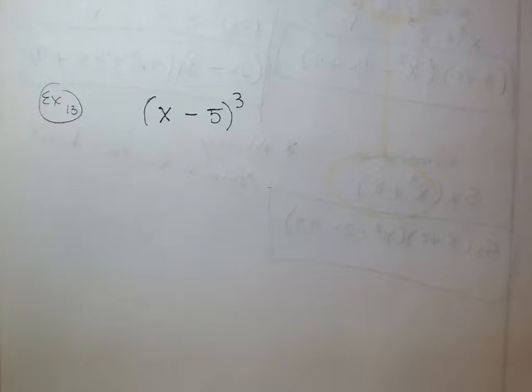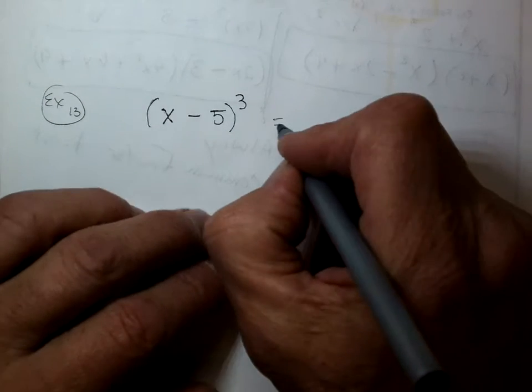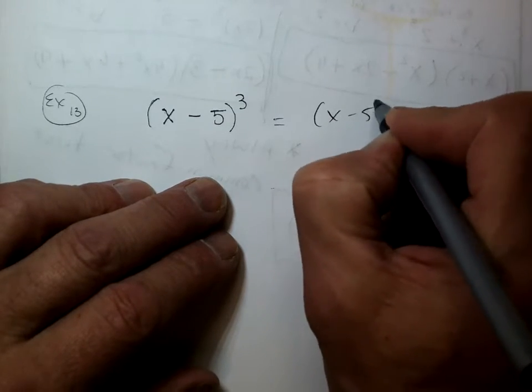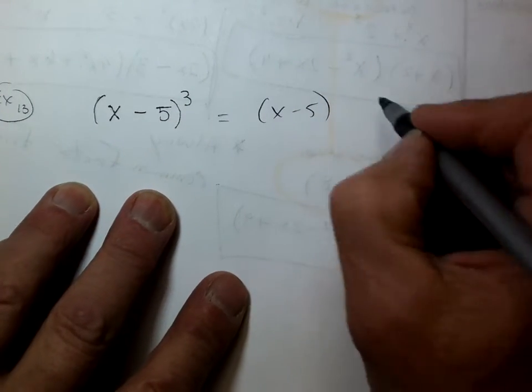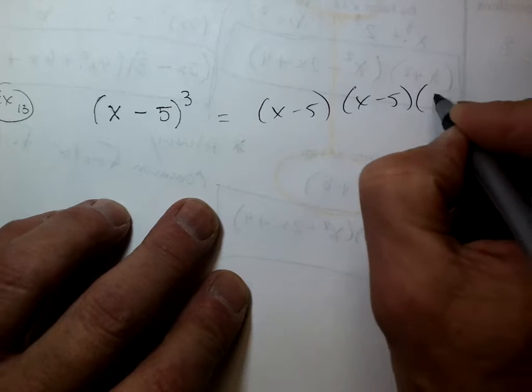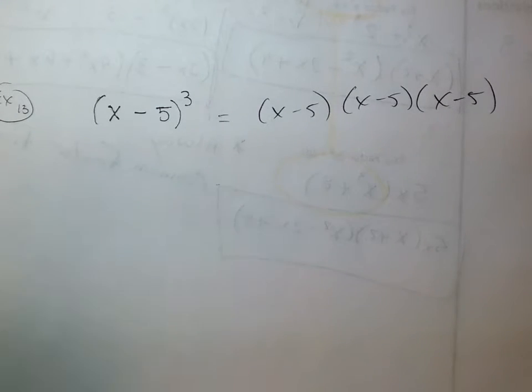Okay, now, example 13. Example 13 is a totally different question. This is really the same thing as x minus 5 times x minus 5 times x minus 5. It really is. So this one's not factoring at all. This one's multiplying. Now there's two ways to do it.